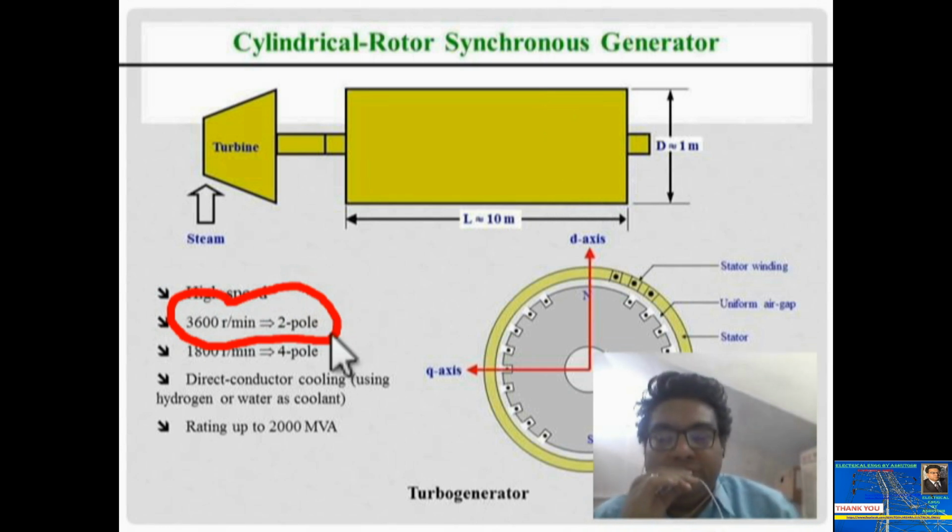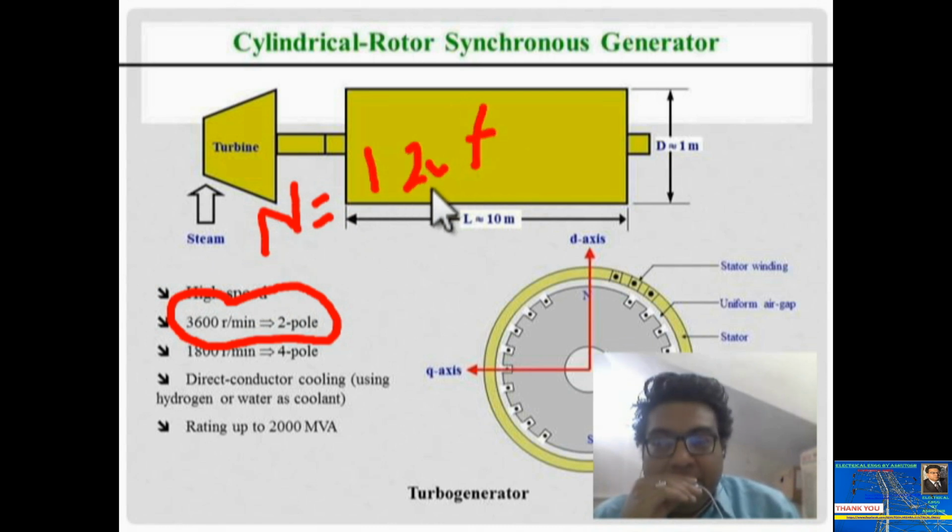So guys, according to this, the formula for frequency is N equal to 120f upon P, where N is the speed of alternator and f is the generating frequency, P is the number of poles. So you can write the frequency equal to PN upon 120.